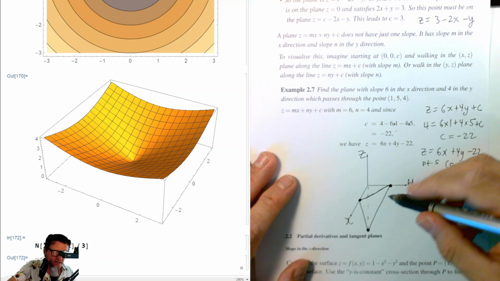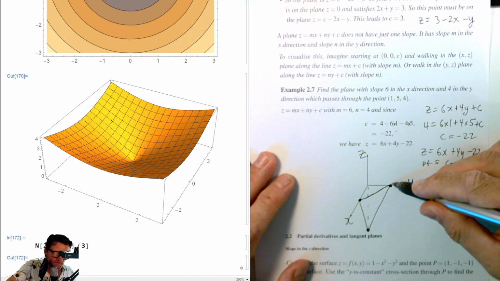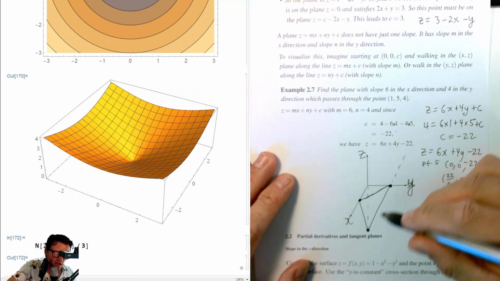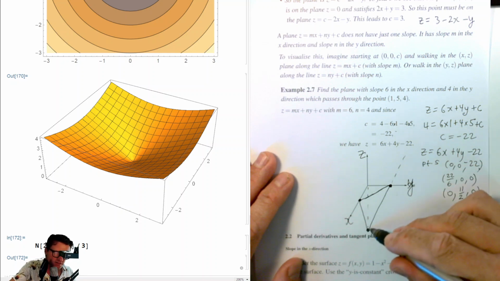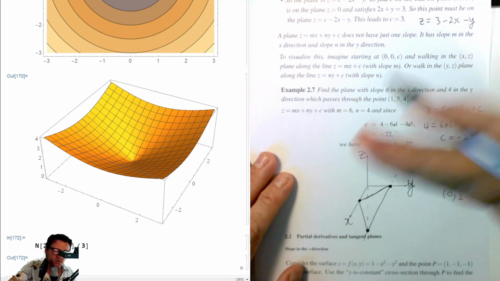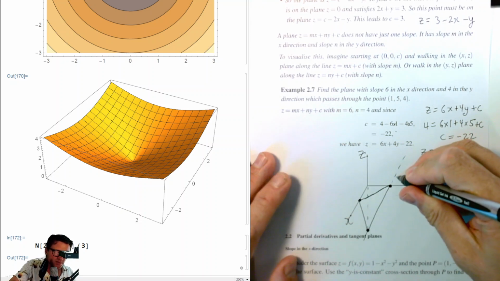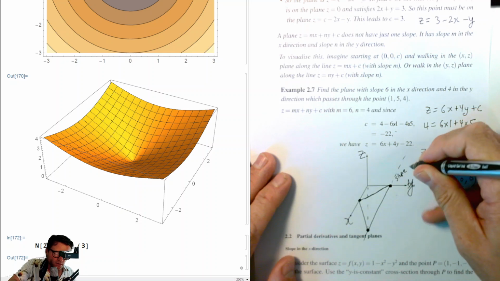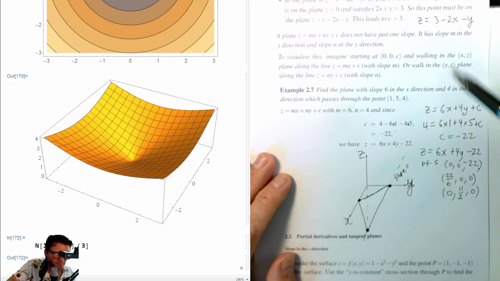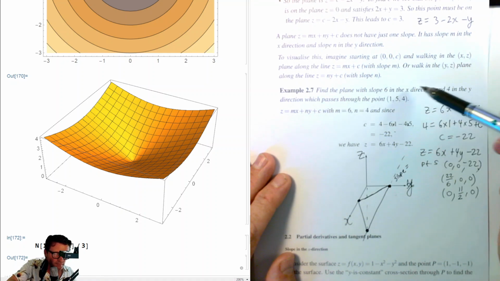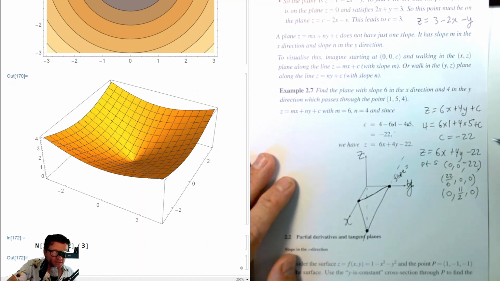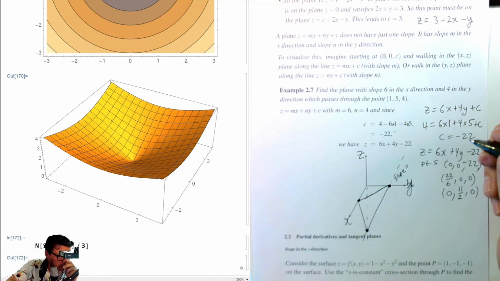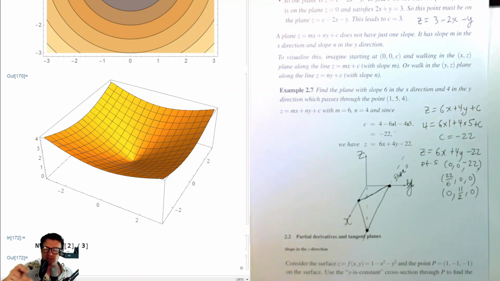But let's go back and look at this. This line, because this is on the z-axis down here, is a slice through the yz plane, and the slope of this dashed line here is delta z over delta y, right? And looking back at, where did I put that page? On the floor.